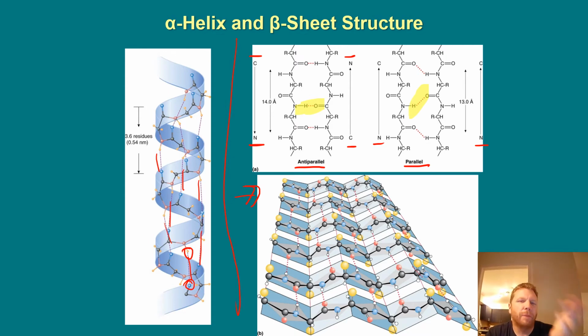Now, what do we know about bond strength whenever it's a longer bond versus a shorter bond? Well, those double bonds, for instance, are very short, and they are very strong. The shorter that the hydrogen bond is, the stronger that it is. So that ultimately gives way to the idea that anti-parallel beta sheets are stronger and more stable than parallel beta sheets.